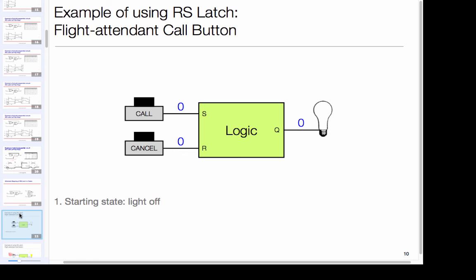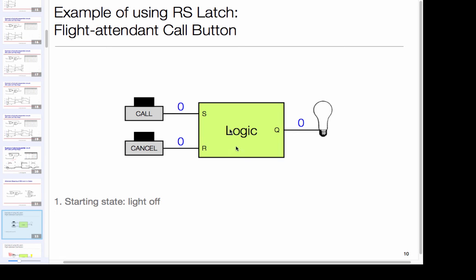The way they work is you press them, they light up, and they remain lit until the flight attendant comes, and when he or she comes, they press it again and it goes back to 0. So there is a calling and a canceling: I'm lighting up the light and then I want to cancel that light.